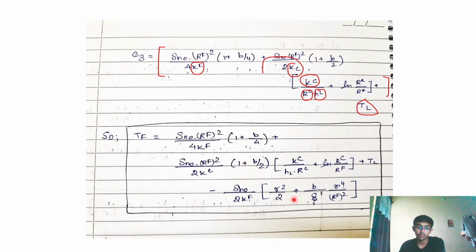Now the main portion: how we find the maximum temperature. The maximum temperature occurs where dT upon dR equals 0.